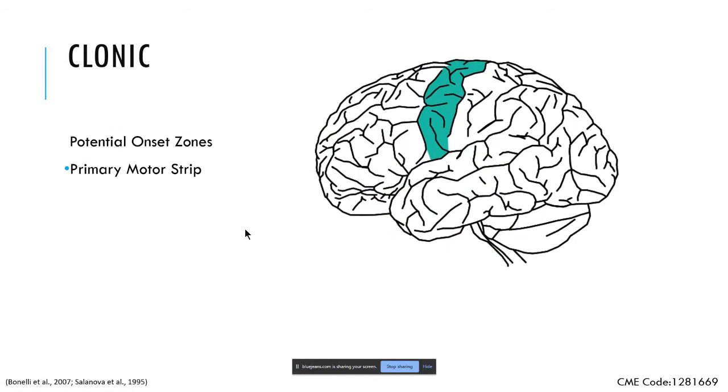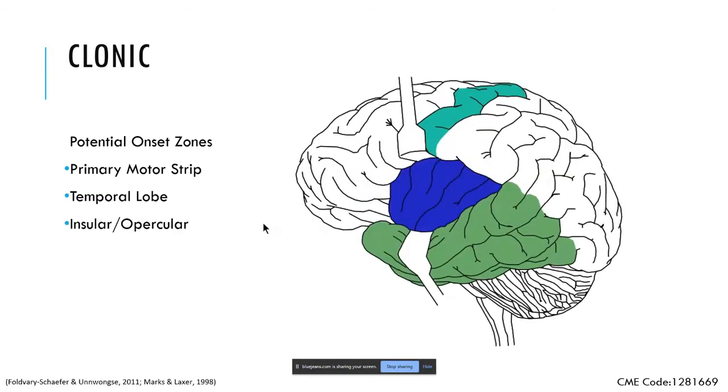Preservation of awareness at the onset of clonus suggests an epileptogenic focus in close proximity to the motor strip rather than the motor strip itself. Depth electrode and cortical stimulation studies have found that clonic seizures can be elicited from areas in the temporal lobe and the insular opercular lobe, again, these being contralateral to the symptoms and ipsilateral to the area of ictal onset.